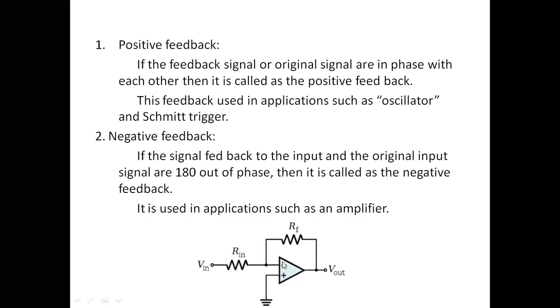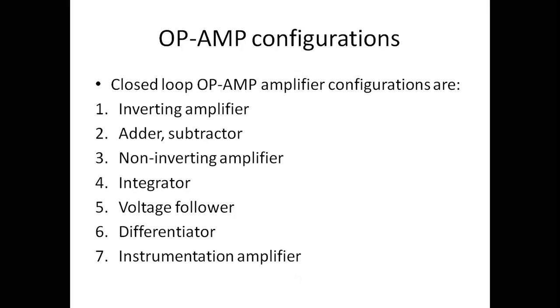We are giving it to the inverting terminal. So when we give the output as feedback, the feedback and the original input are 180 degrees out of phase. So we call that negative feedback, and here an example is an amplifier.